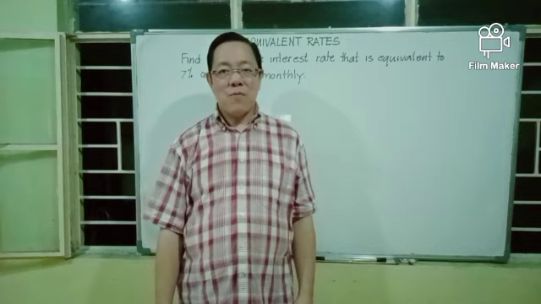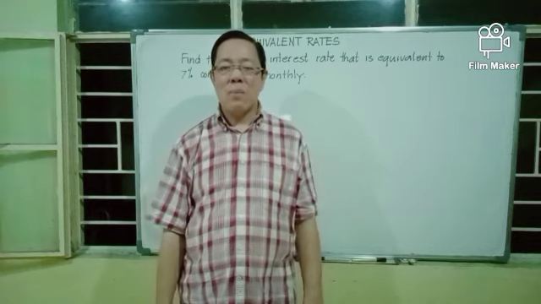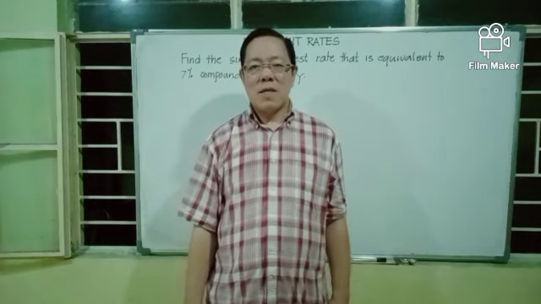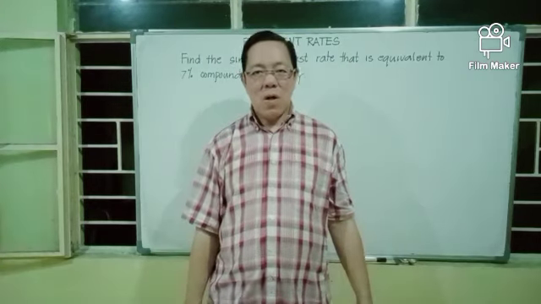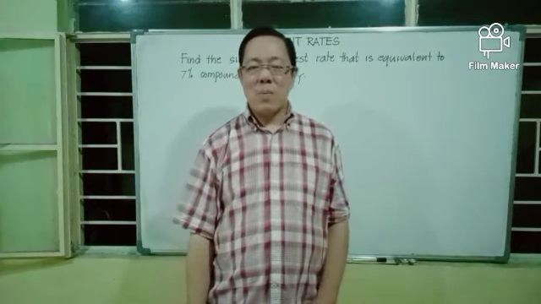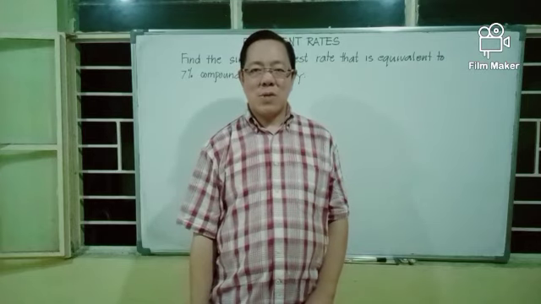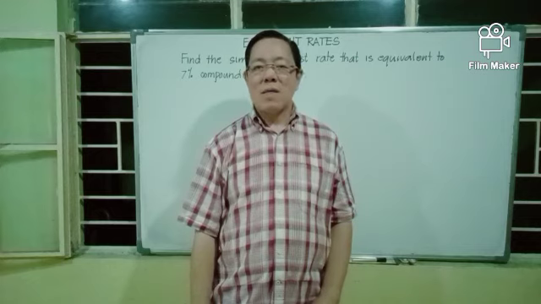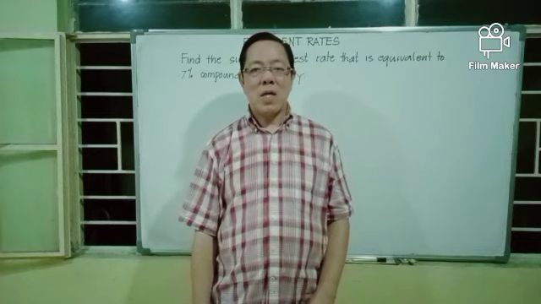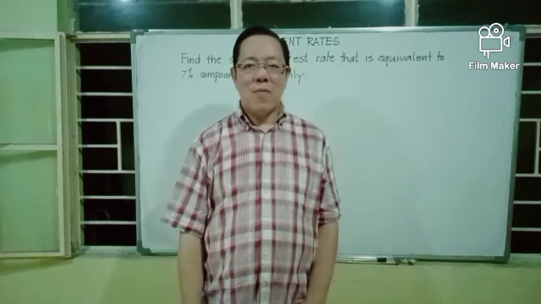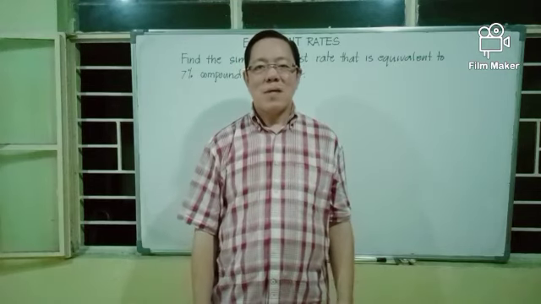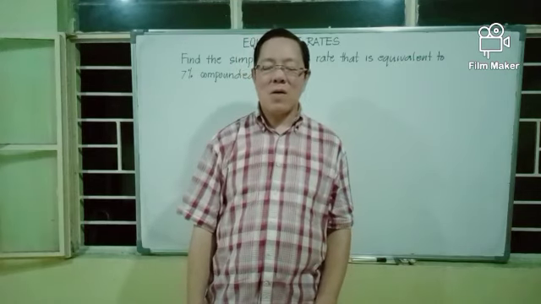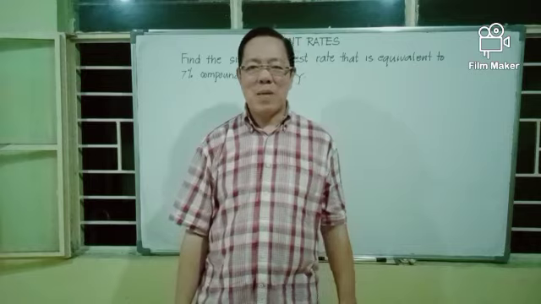And you solve for the unknown equivalent rate from the equation you obtain by equating the two accumulated values. For our first example, consider the following problem.